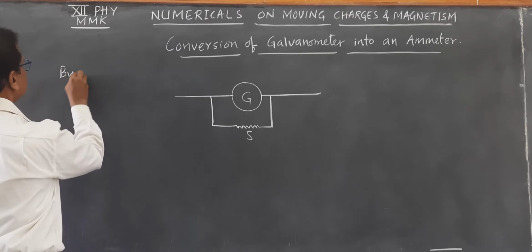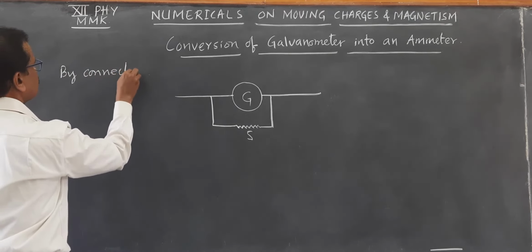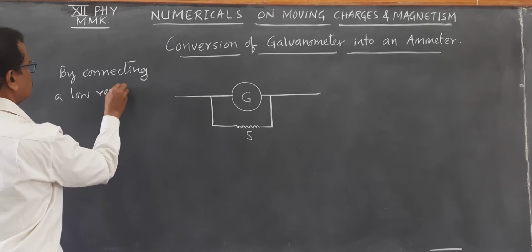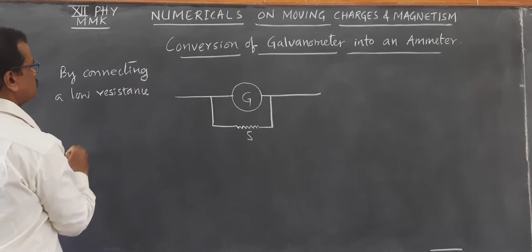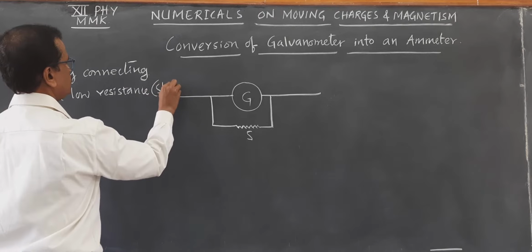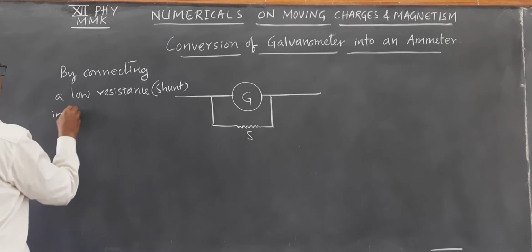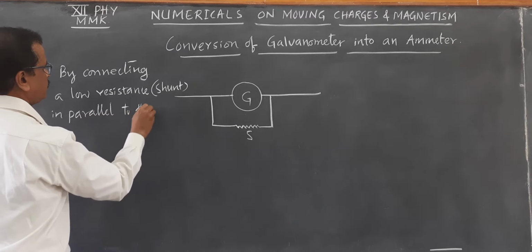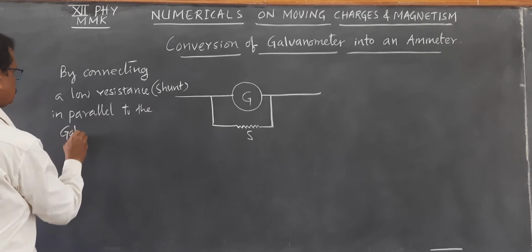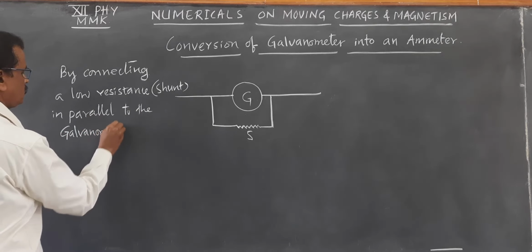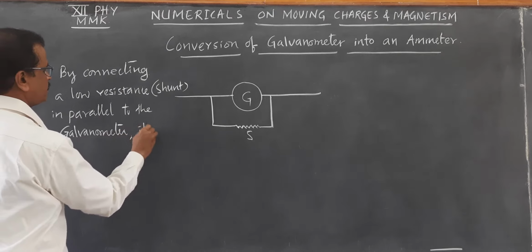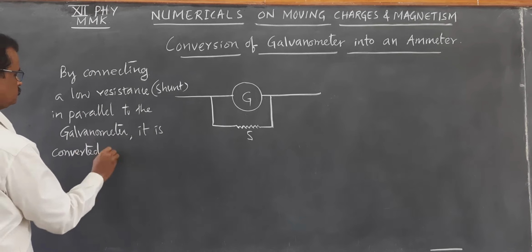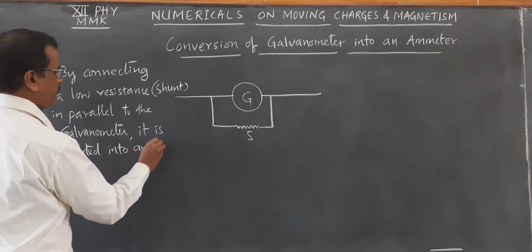By connecting a low resistance, called a shunt, in parallel to the galvanometer, it is converted into an ammeter.